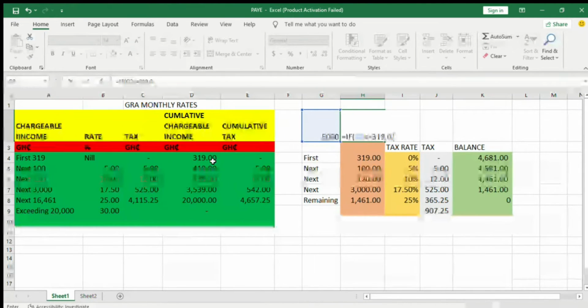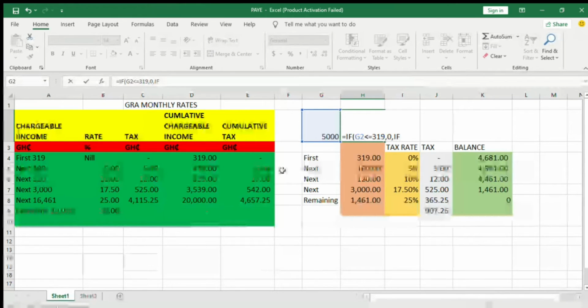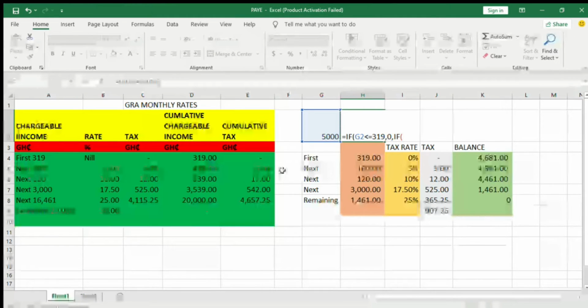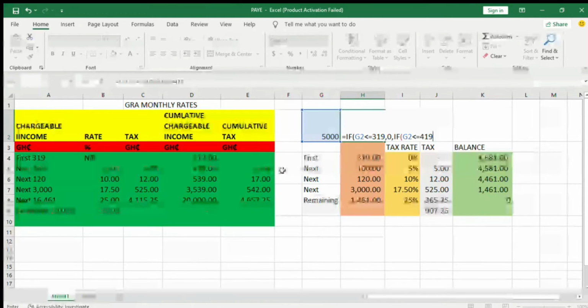We'll be using the cumulative chargeable income and the cumulative tax. So we go to the next one. So IF, then you click on your tab key to get your bracket. So if cell G2 again is less or equal to 419, what do we do? So bring your comma, then you open a bracket.